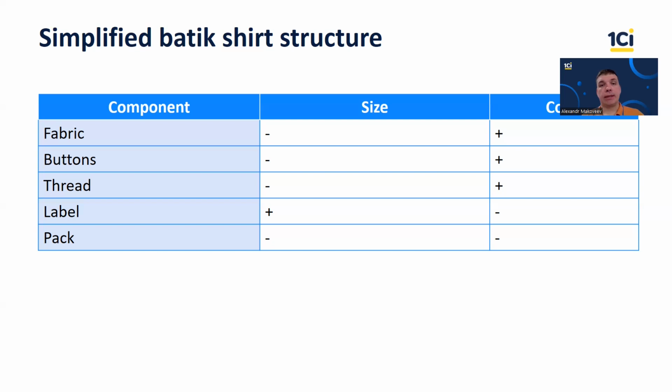Some components are sensitive to a particular additional attribute, some are not. Fabric depends on the color of the finished product, as do buttons and thread, and the label depends just on size. The pack is a unique thing, so it doesn't matter which size or color our finished product is.